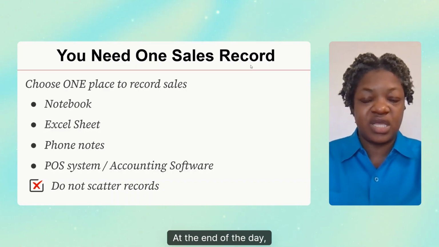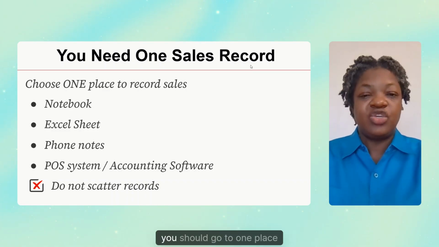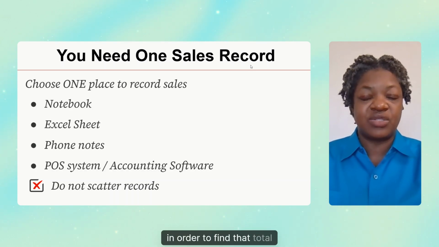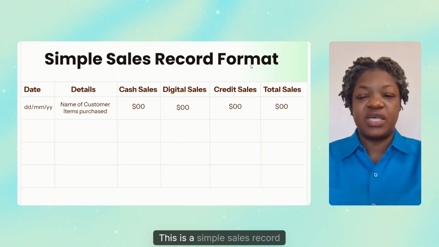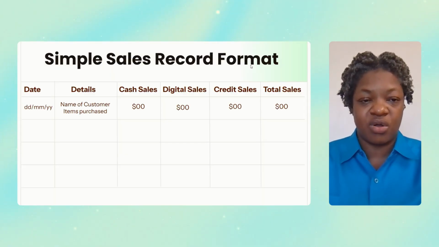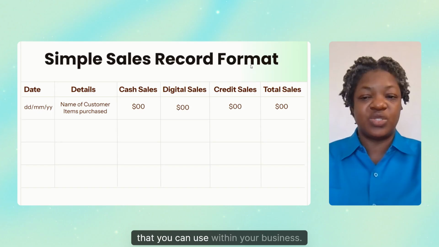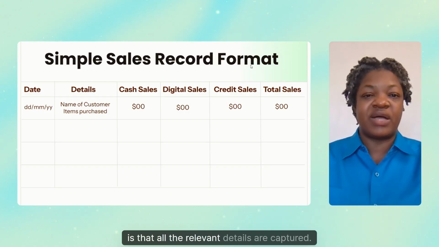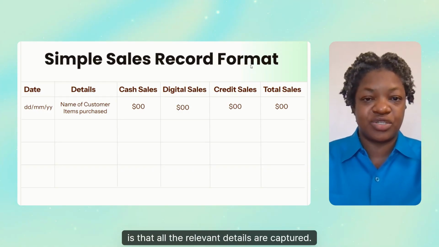At the end of the day or at the end of the week, you should go to one place in order to find that total of how many sales you made. This is a simple sales record that you can use within your business. Nothing complicated. What we seek to ensure is that all the relevant details are captured.